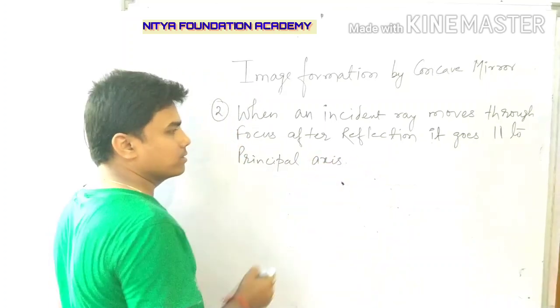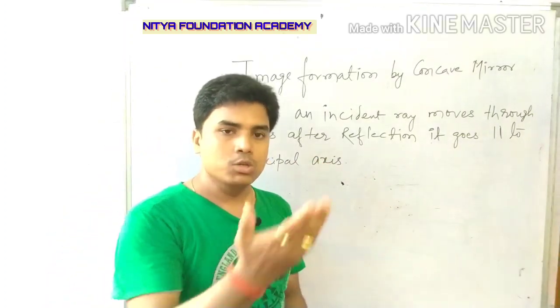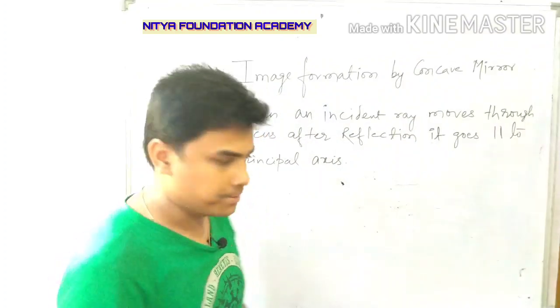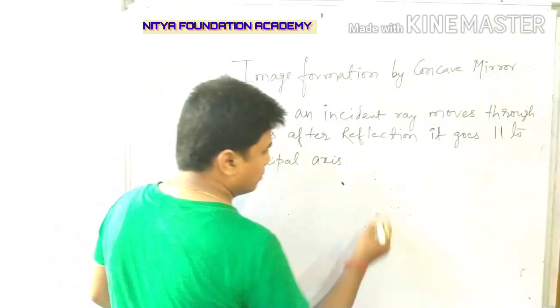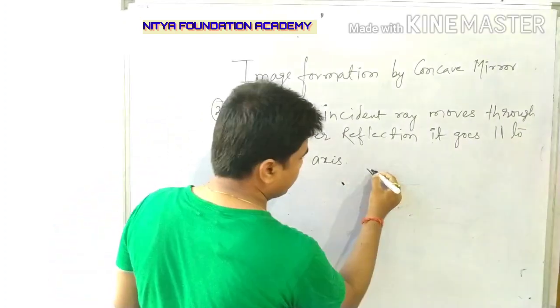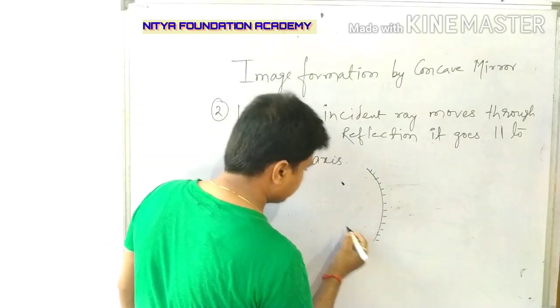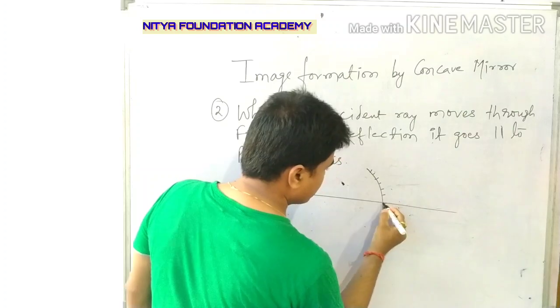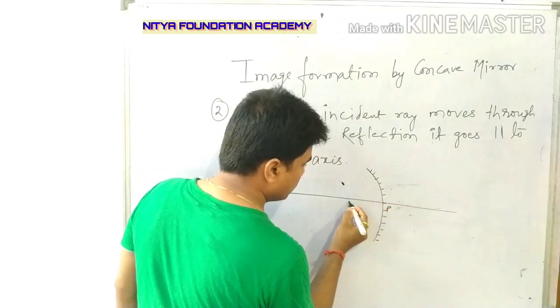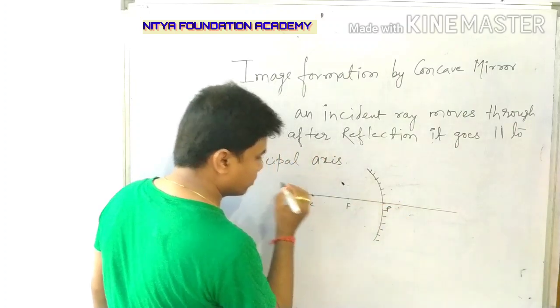So let's understand with the diagram how it happens. Let's make a concave mirror. This is the polished part. This is the principal axis. Here we draw the pole, then focus, and then center of curvature.